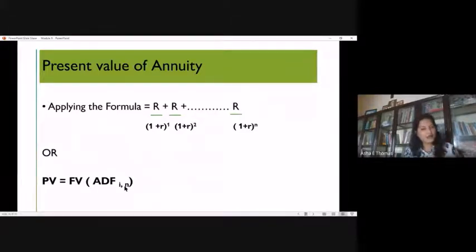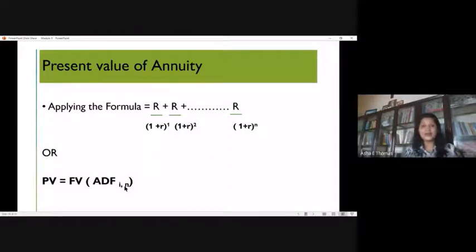And then cash flow, we said, can basically be of 3 types. One is lump sum, which you expect after so many years. What is the value of that lump sum from today's perspective? What is the value as of now? What is the value of that money?